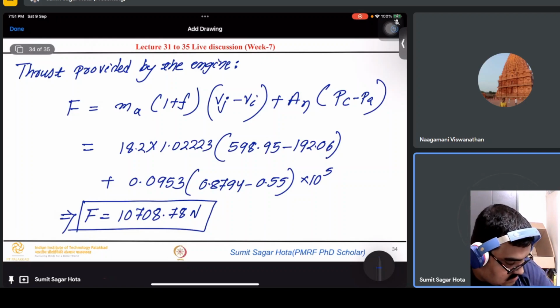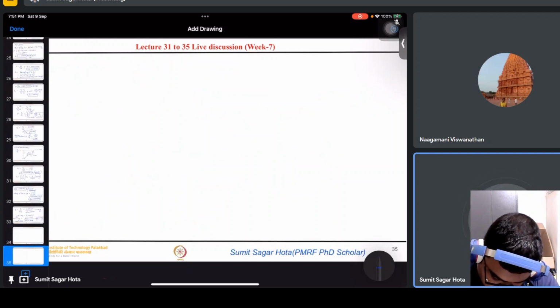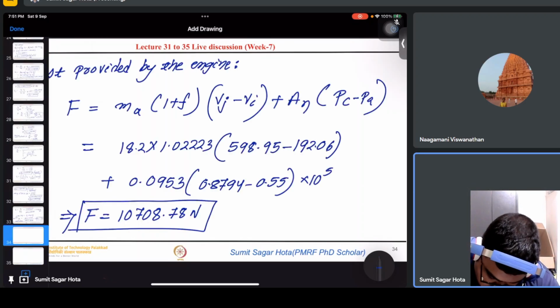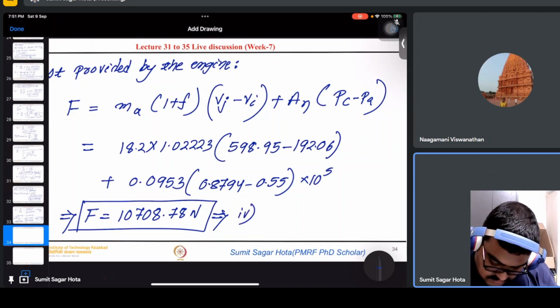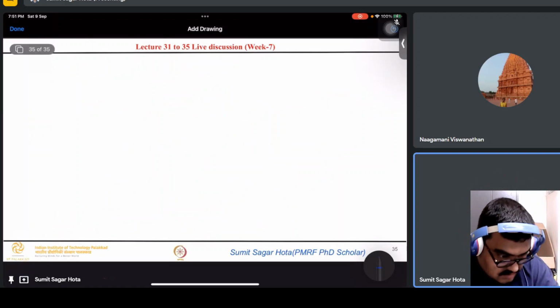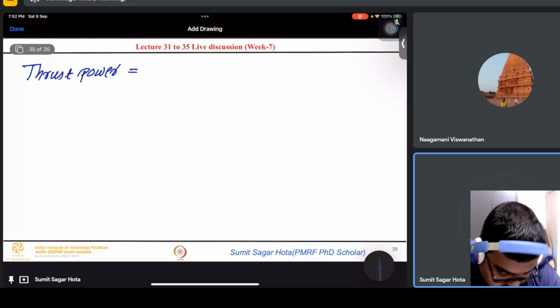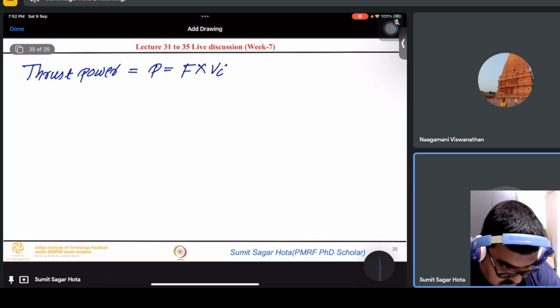And the thrust power, what is your thrust power formula? If you have the force, how do you find the power? This is the answer of the fourth bit. So what is thrust power? P is equal to F into Vi.